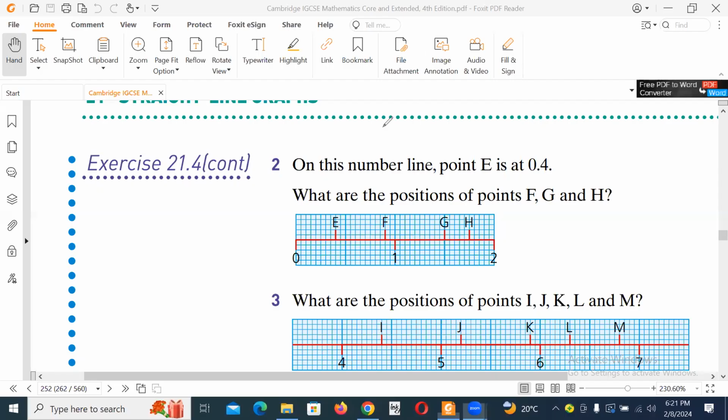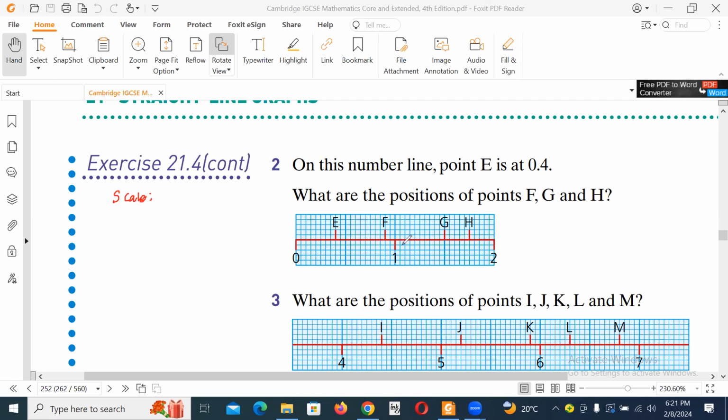We try one more question related to reading scales. Have a look at question number 2. On this number line, point E is 0.4, and what are the positions of points F, G, and H? First of all, we will see how many boxes we have from 0 to 1. If we make the scale first, that will help us.